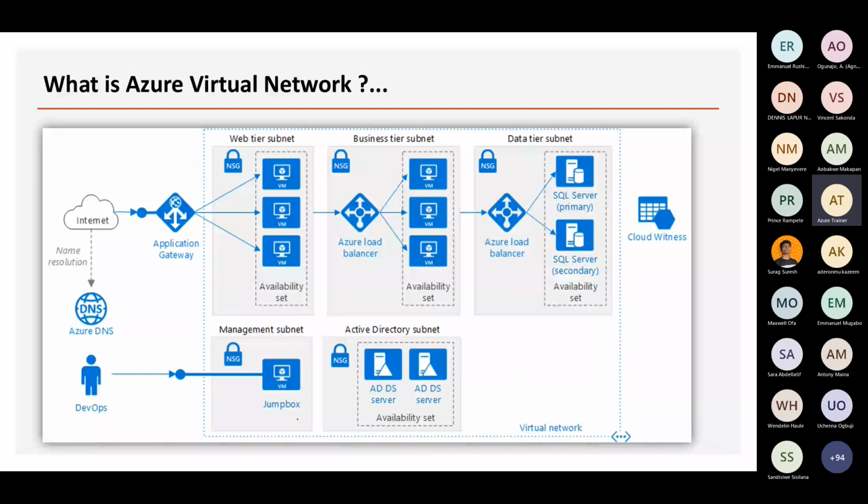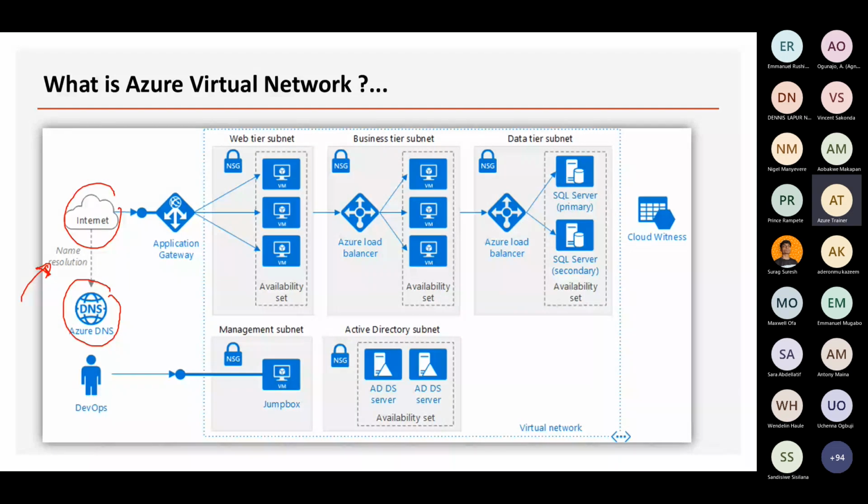Now, if you take the Azure cloud side, you can see there are many components involved here, which include VNIC. You can see there is DNS involved here. So this is a top view of networking here. You have the internet coming in. You have a name resolution concept coming here.